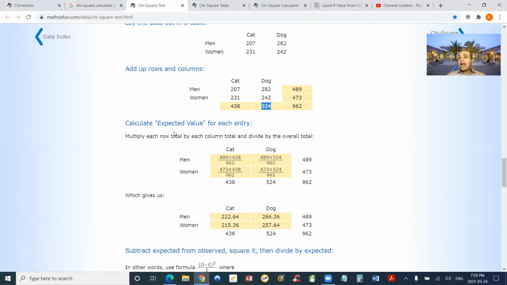How do I calculate the expected value? The way I'm going to calculate the expected value is this: 489 times 438 divided by 962.